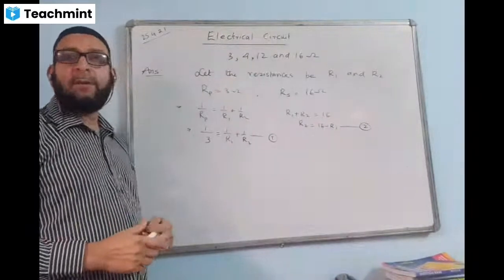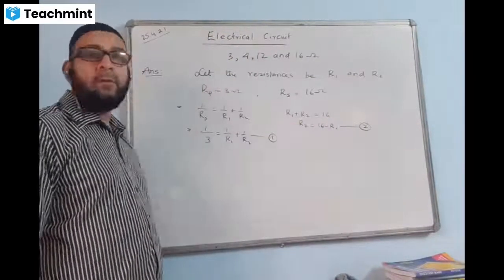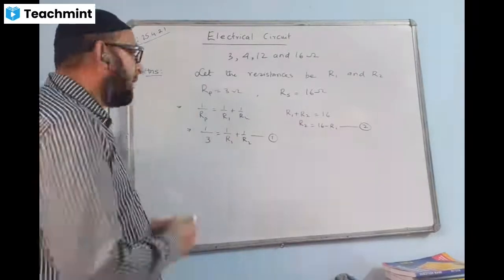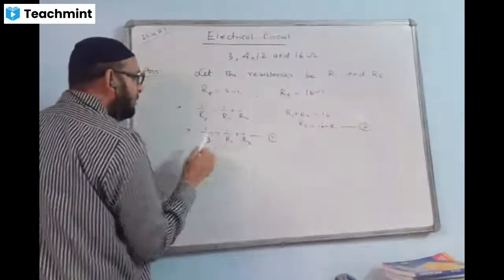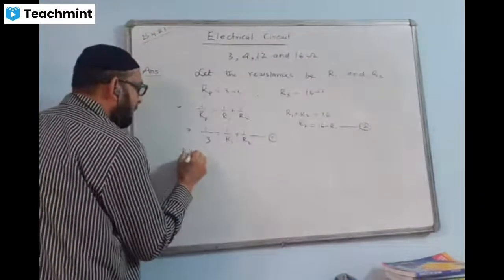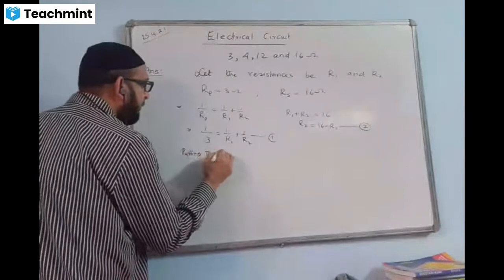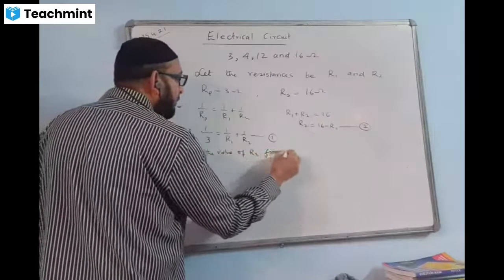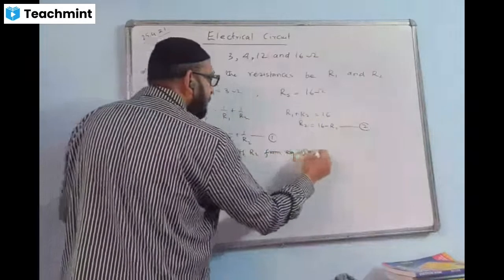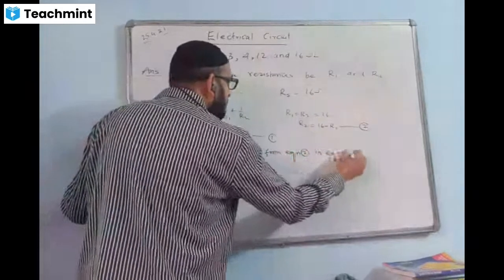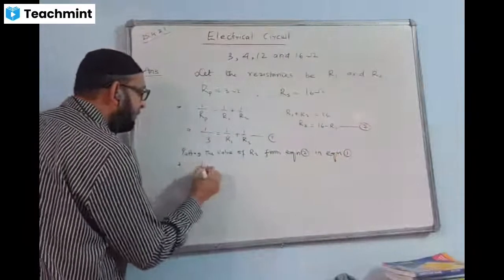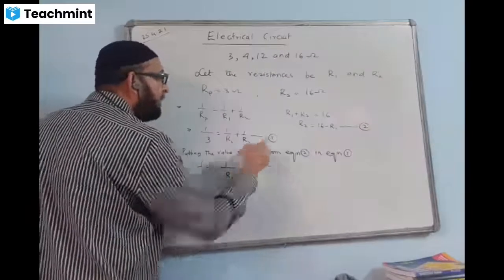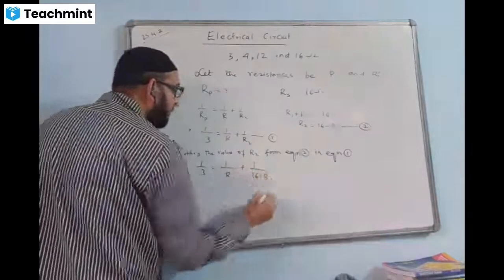Now I will solve equation 1 and equation 2 to find the values of R1 and R2. Putting the value of R2 from equation 2 in equation 1: 1 by 3 is equal to 1 by R1, I'll keep as it is, and for R2 I put 16 minus R1.